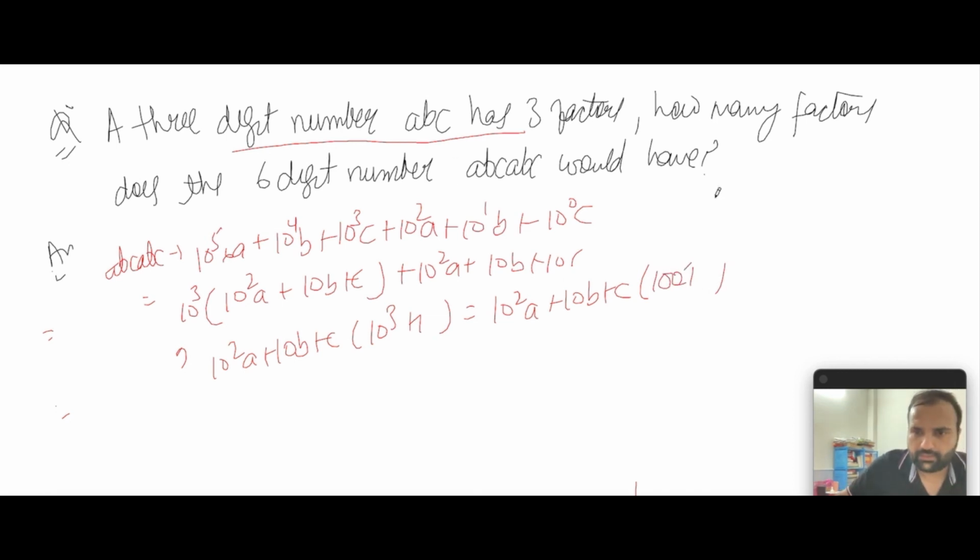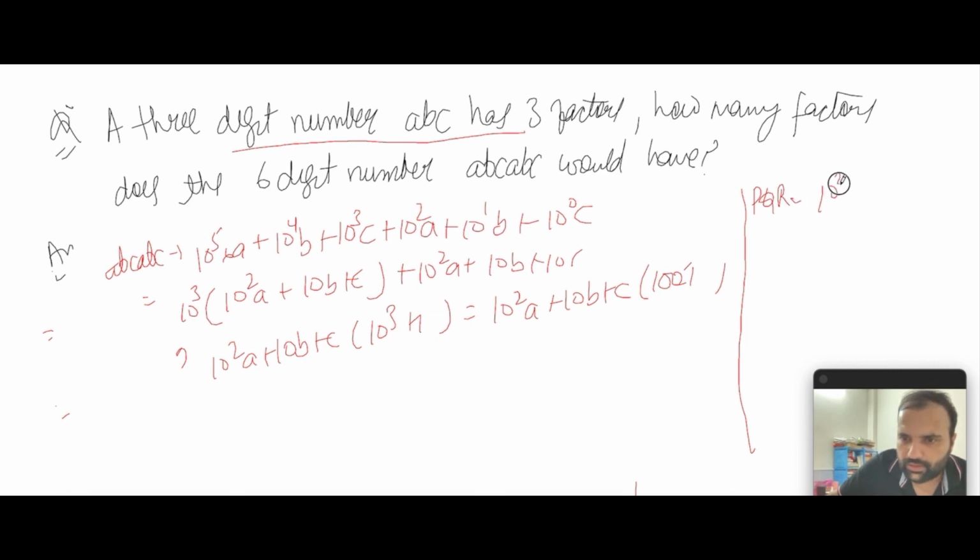Now it says a 3-digit number ABC has 3 factors. So 3 factors. Let's say that number is, for example, PQR. PQR has 3 factors. So what does it mean?